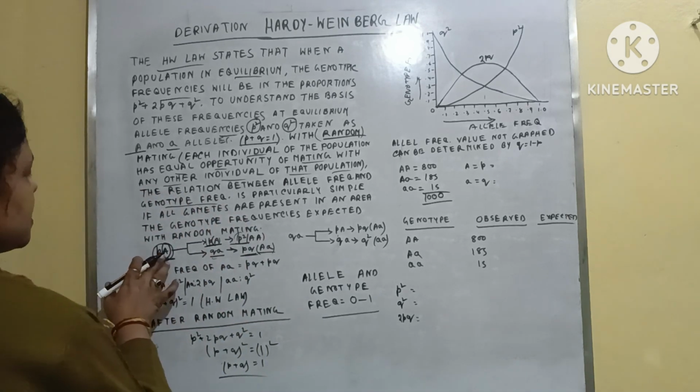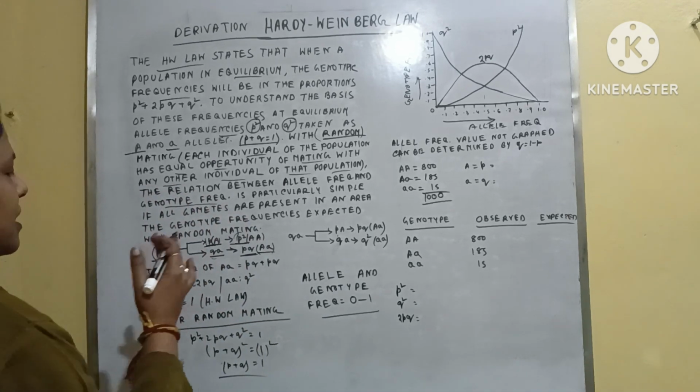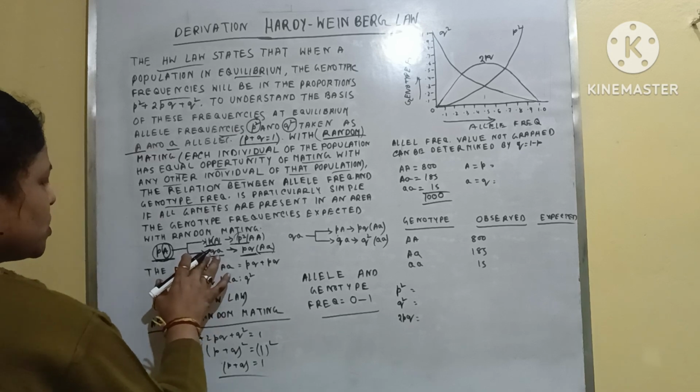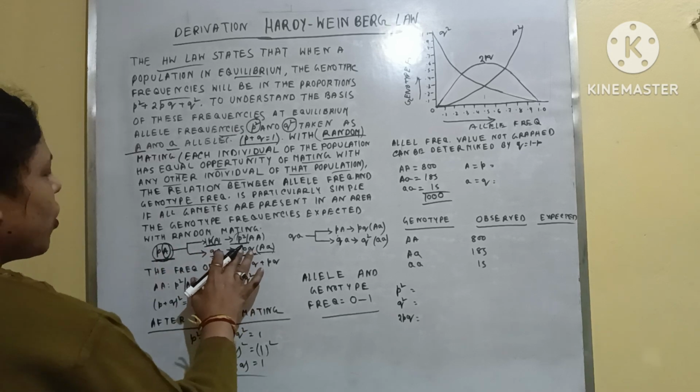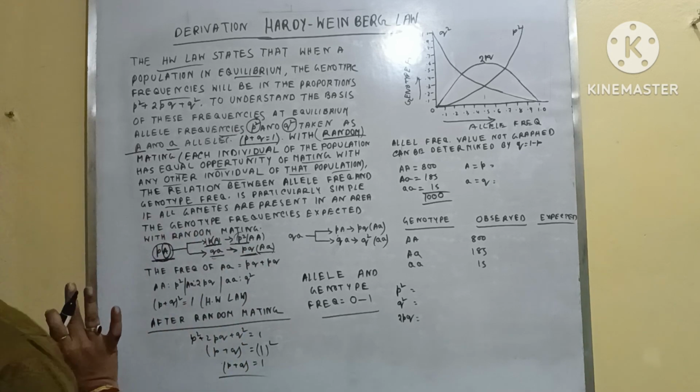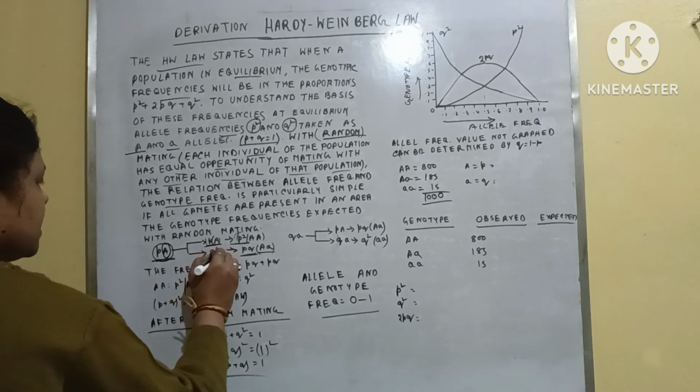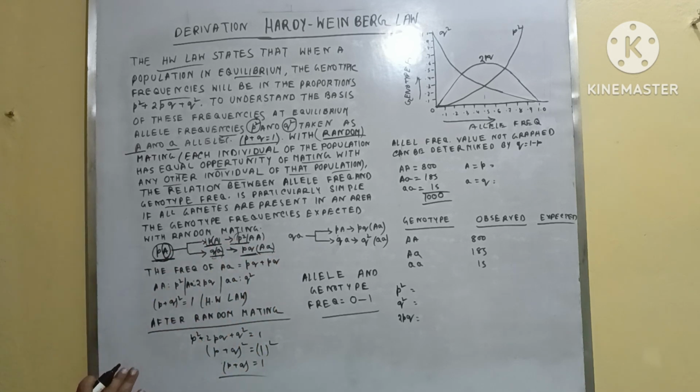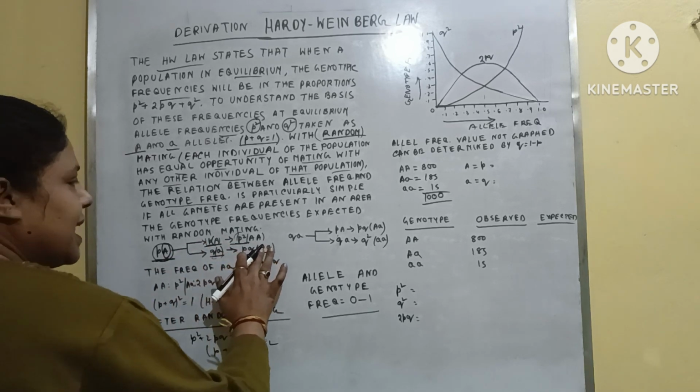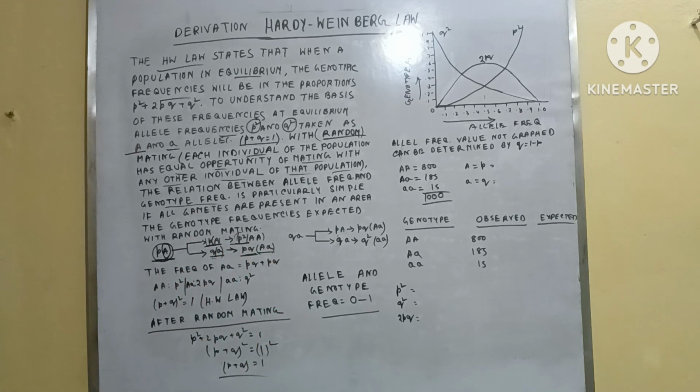And if this small p breeds with this small q, here it forms small pq, that is the frequency, that is capital A, small a. So first you have to understand what the allelic frequency is and what the genotype frequency is.